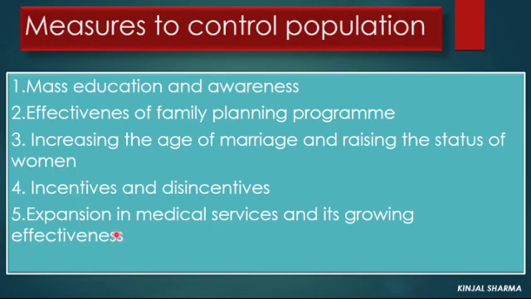Next comes expansion in medical services and its growing effectiveness. As we all know, if medical services are advanced and new inventions are made, we can lower the death rate through good medical facilities, right? In India the death rate has come down, but it is still higher than in some developed countries.